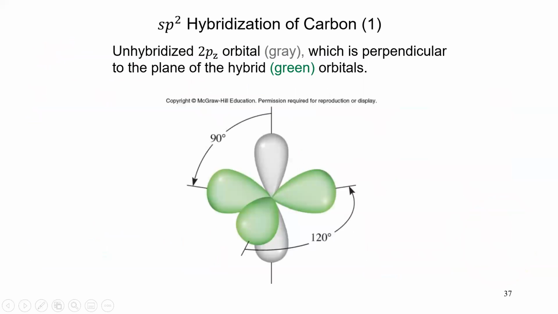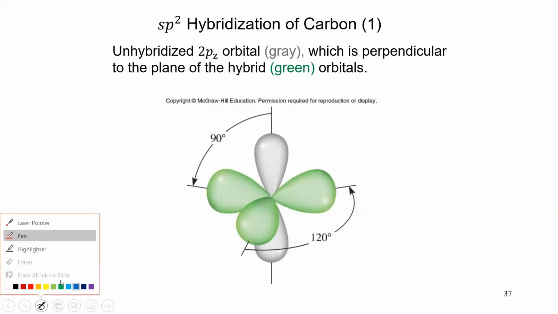Well, it turns out that when we look at the hybrid orbitals, we have those hybrid orbitals in green. Those are sp2 hybrid orbitals. And then that unhybridized p orbital is left over, and that's in gray. And so remember, each one of these has a single electron in it right now before we make any bonds.